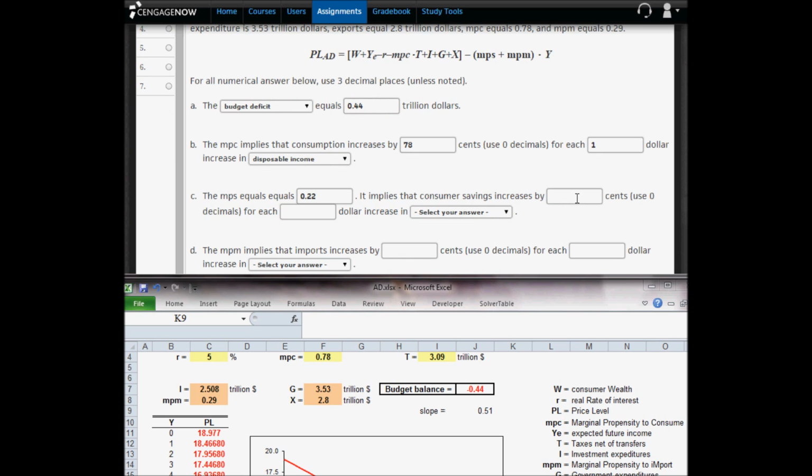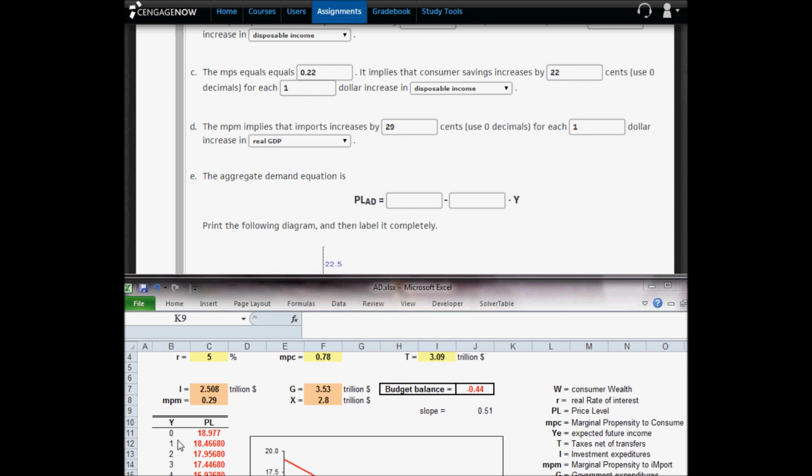It implies that consumer savings increases by 22 cents for each $1 increase in disposable income. The MPM, which is 0.29, implies that imports increase by 29 cents for each $1 increase in real GDP.